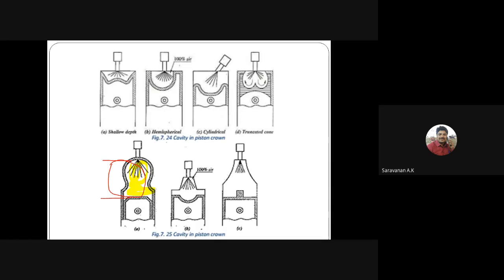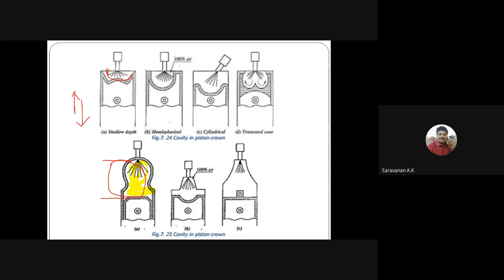Therefore all the air is contained in the space between the piston and the cylinder head. The inlet valve opens, and as the piston moves from TDC to BDC or BDC to TDC, all the air is contained in the space between the piston and the cylinder head.